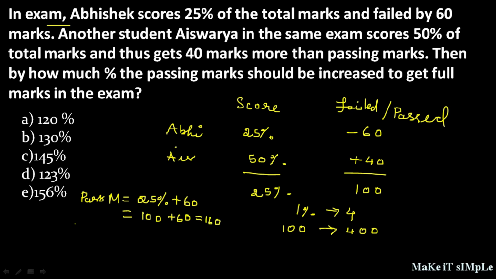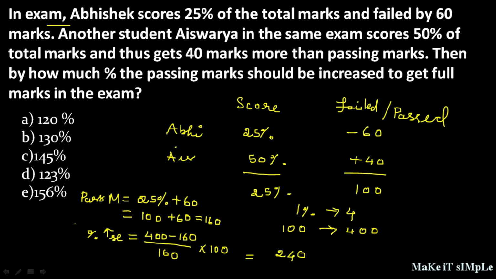So percentage increase from the pass mark to the full mark. They are asking, full mark is 400, pass mark is 160. So 400 minus 160 divided by 160 into 100. When we subtract, we'll be getting here 0, then 4, then 2.